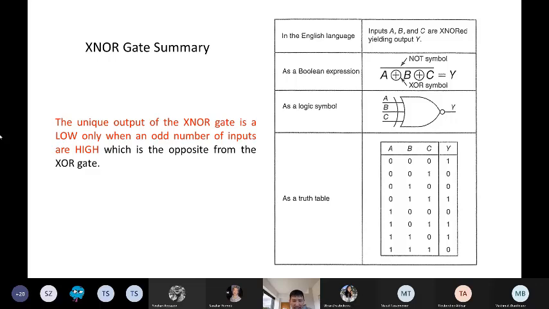Then just by inverting its output, you will know what an XNOR gate is. In English, you can say inputs A, B, C are XNORed, yielding output Y. So it's a Boolean expression, logical symbols, and truth table. For these 3 inputs, it's a little more complicated.